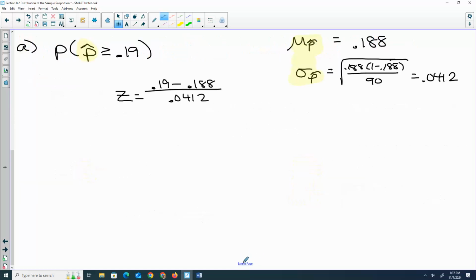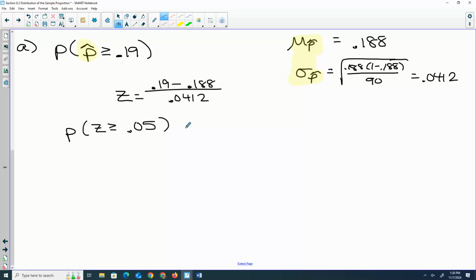So plug that in, we get our z, we get 0.05.